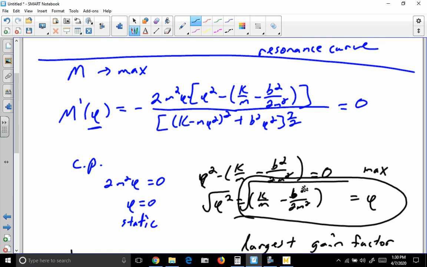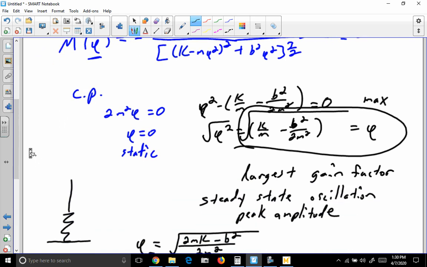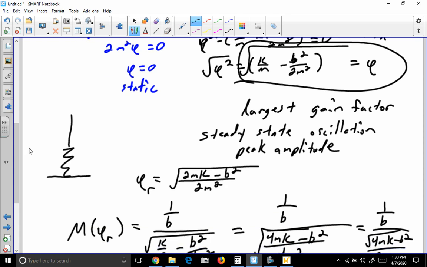So if we look in here, if b squared is more than 2mk, in the numbers we just picked, m and k are both 1, so that would be 2.